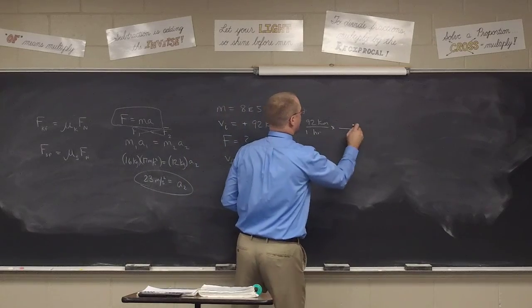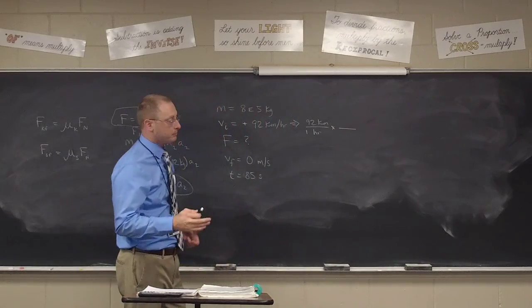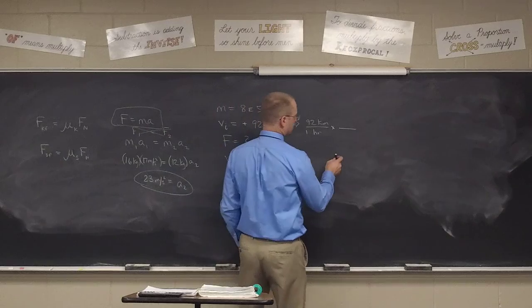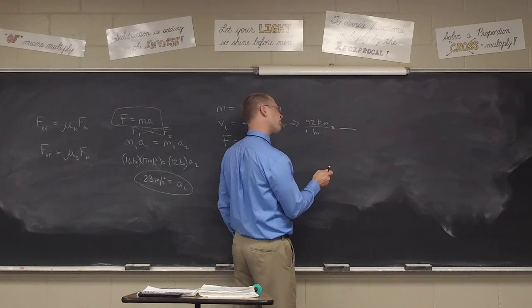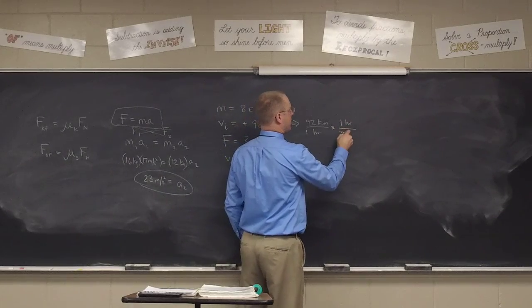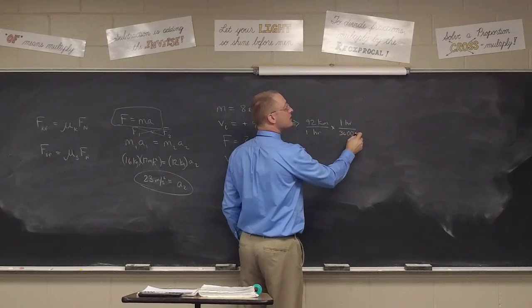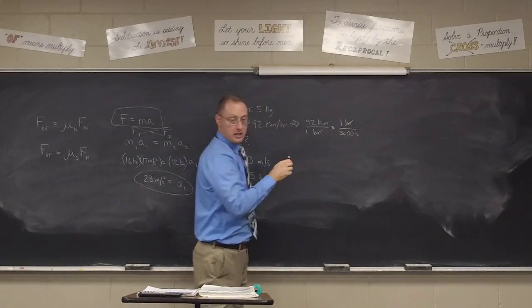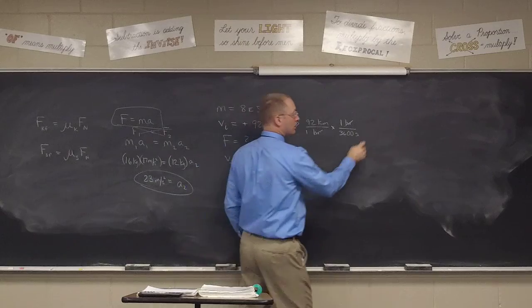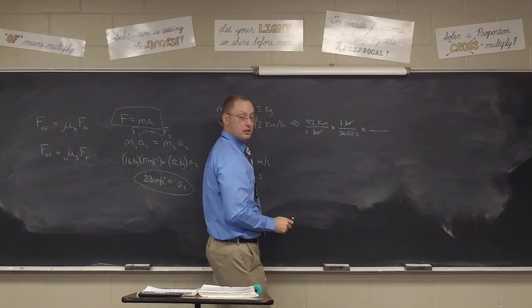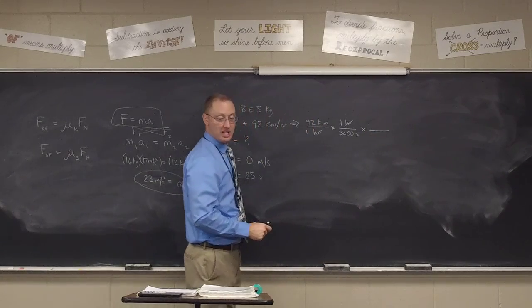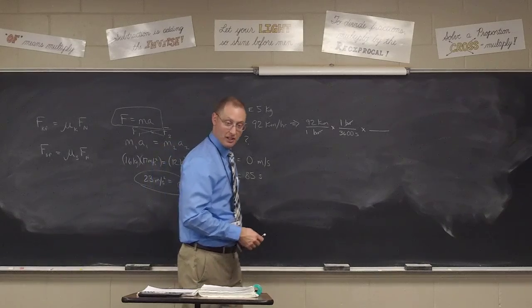So what's a ratio we would multiply by here, Michael? 3,600 seconds, 1 hour. Yeah. 3,600 seconds. There we go. And then Kendall? How many meters in a kilometer? 1,000.